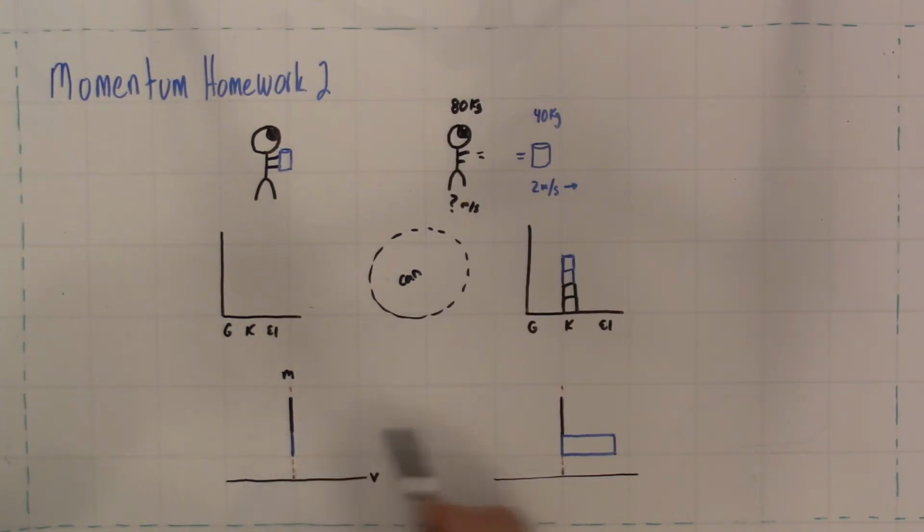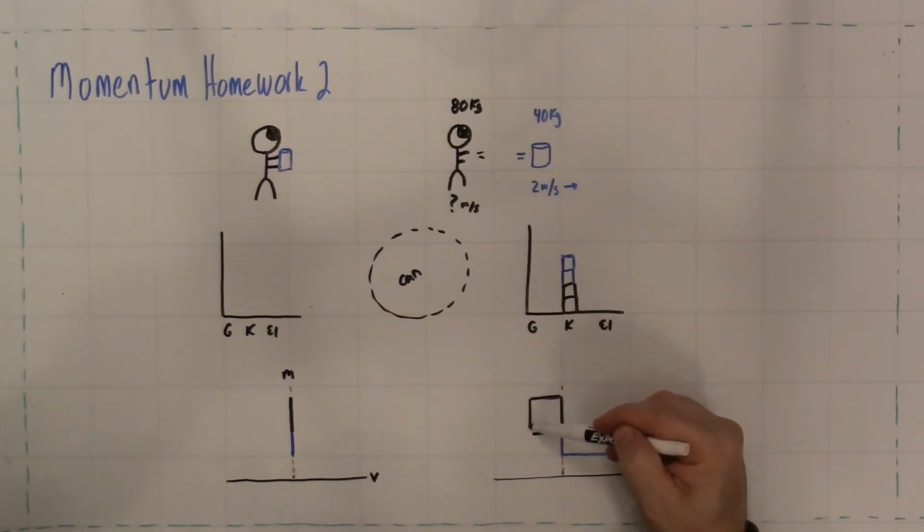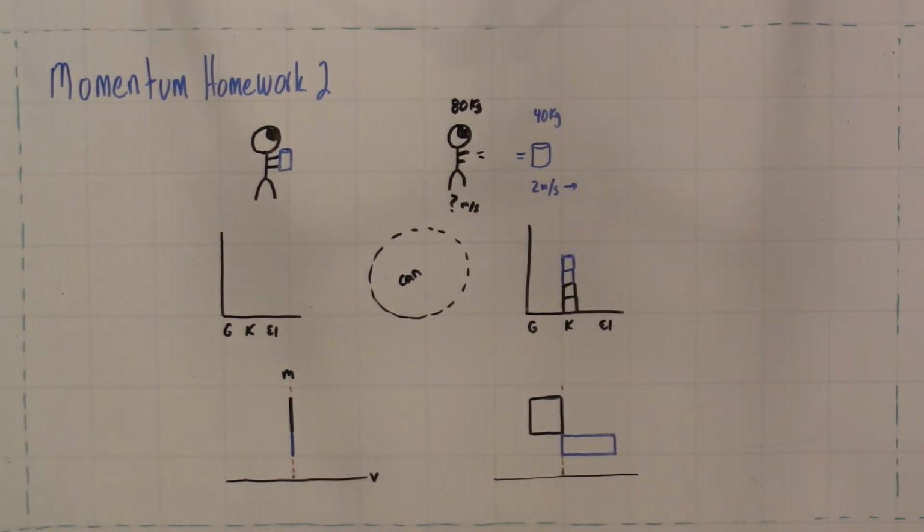But if this is equal to 0, what does that mean for this over here? It must also be equal to 0. Remember, this side and this side, the momentum is always the same. And so if it's half the height, it should be twice the height, so it's possible that these two have the same momentum.